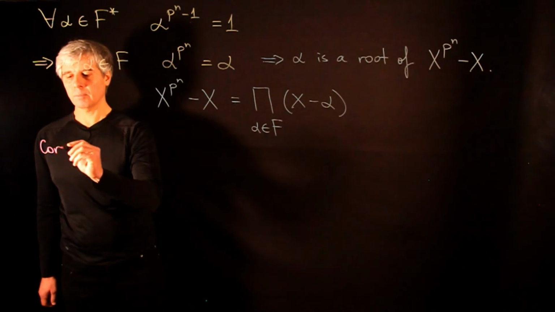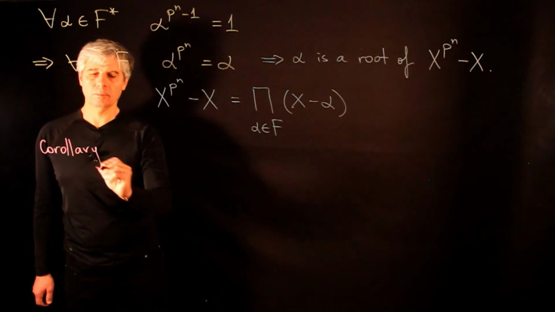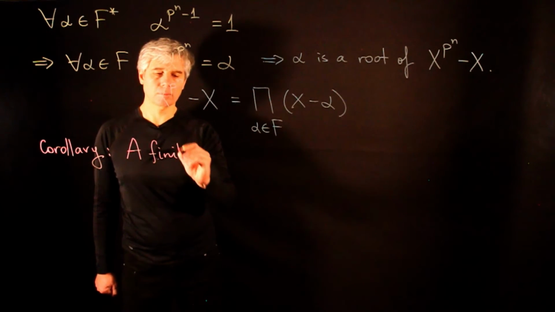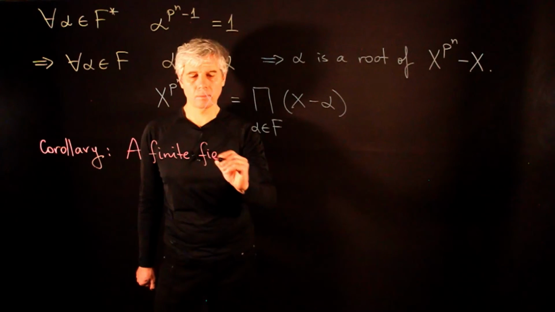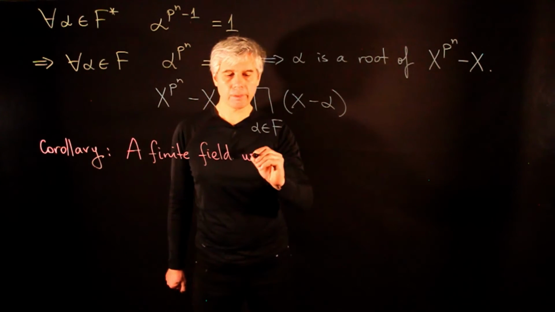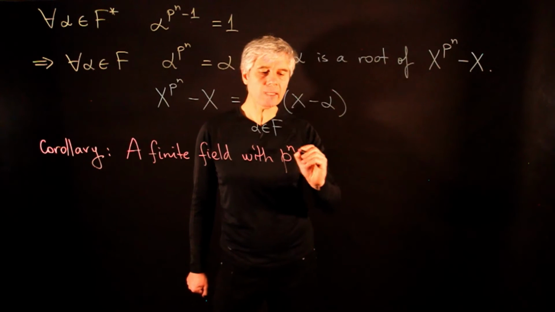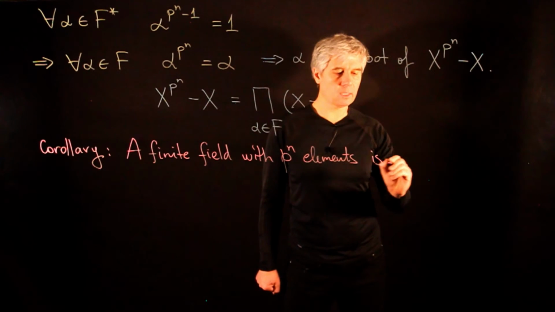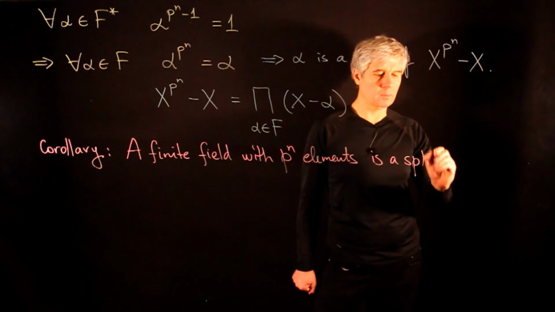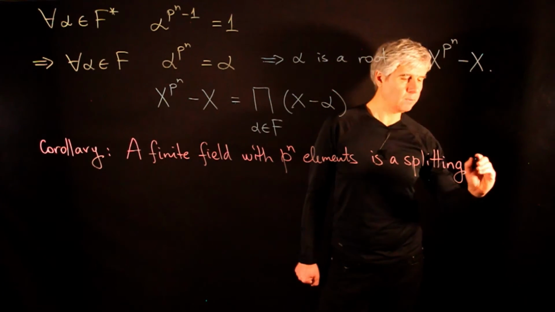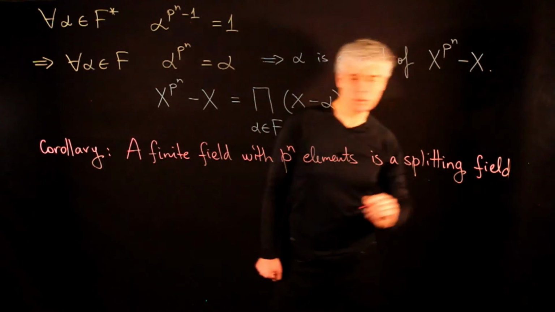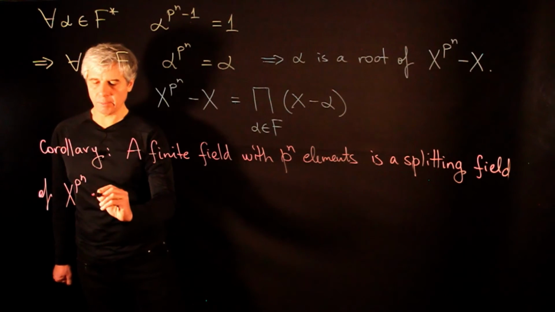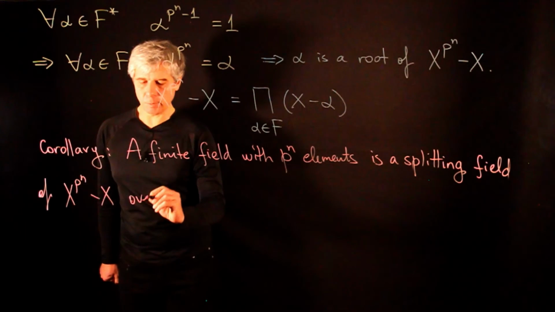As a corollary, we get that a finite field with p to the power n elements is a splitting field of the polynomial x to the p to the n minus x over Zp.